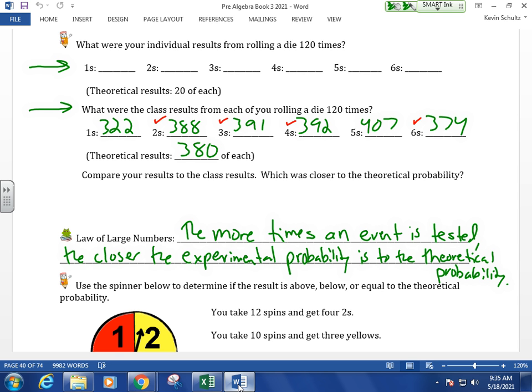You might flip a coin 10 times and get 10 heads. It's possible. But if you flip a coin 1,000 times, you're going to get really, really close to that 500-500 split. I mentioned the casino earlier, right? You play one hand of blackjack at the casino, you might win big.